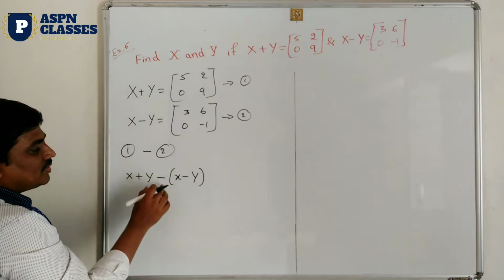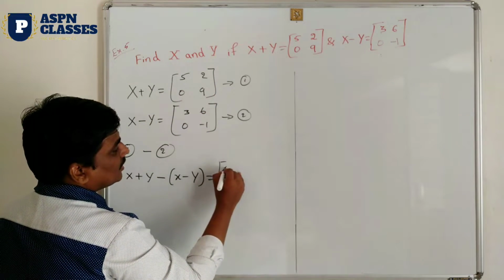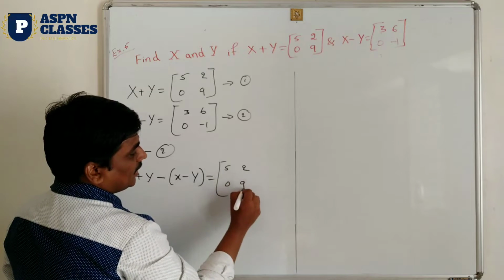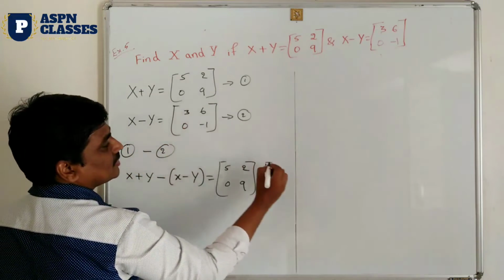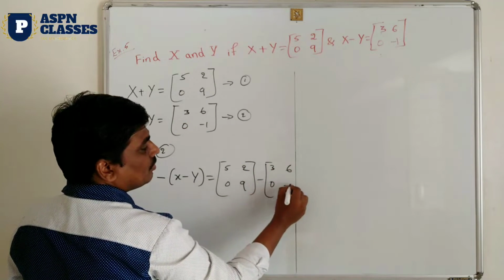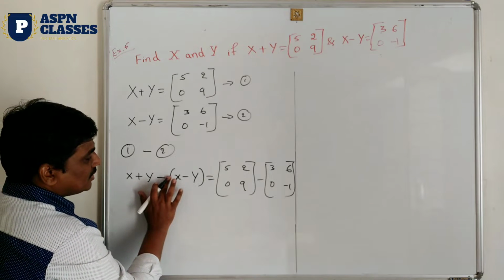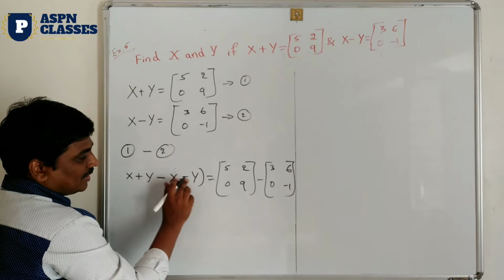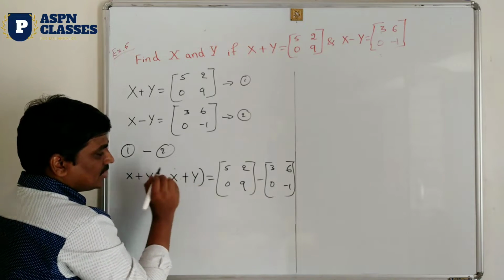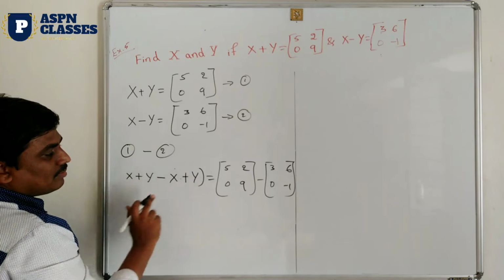Then is equal to, first this matrix 5, 2, 0, 9, then minus, again the second matrix 3, 6, 0, minus 1. Then you have to multiply this minus sign, it means minus multiplied by minus x gives plus, minus x plus y.